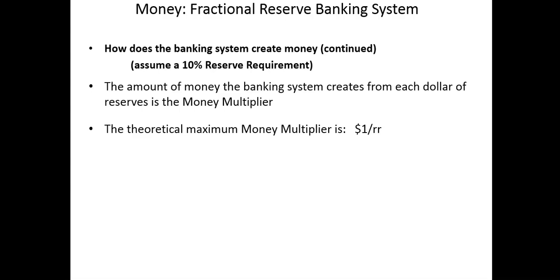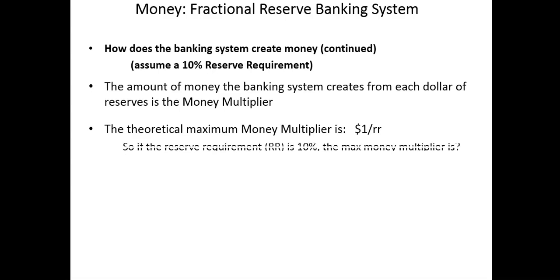Well, every dollar can be multiplied by $1 divided by the reserve requirement, which, if the reserve requirement, as we've been assuming here, is 10%, how much is the maximum theoretical money multiplier? How much could theoretically the banking system create? Well, 1 divided by 0.1, 10. If the reserve requirement was 20%, then it would be 1 over 0.2, or the theoretical maximum money multiplier would be 5.